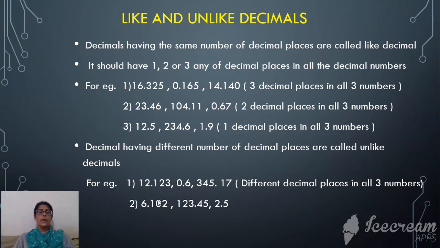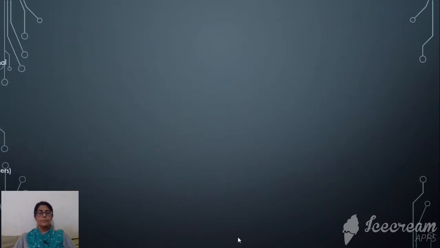Here also you can check that in all the decimal numbers, the decimal places are different. Here are 3 decimal places, here are 2 decimal places and here is 1 decimal place. So these numbers are known as unlike decimal numbers. Understand, children? Now I will explain one more point.